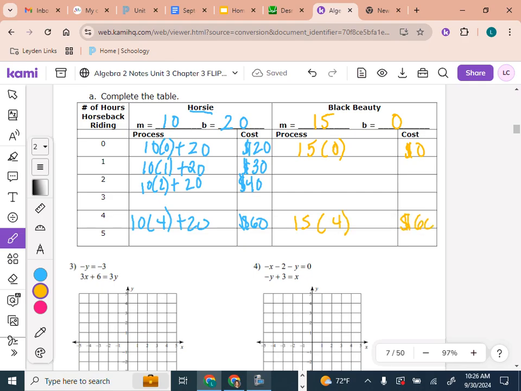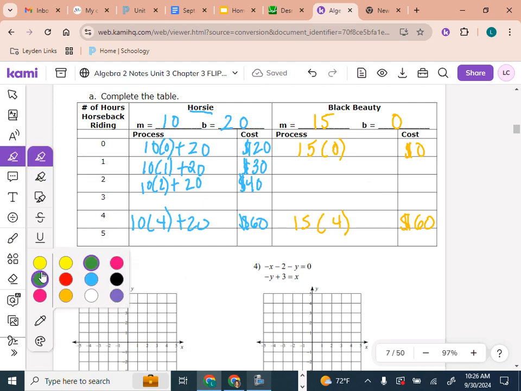Now, what you'll notice is at first, if you don't want to ride for a long time, Black Beauty is a better deal, right? It's cheaper all throughout until you reach this point, and this is what will happen with a lot of companies, until you reach this point where it doesn't matter if I want to ride for 4 hours, I can pick either one. And then after that, guess what happens?